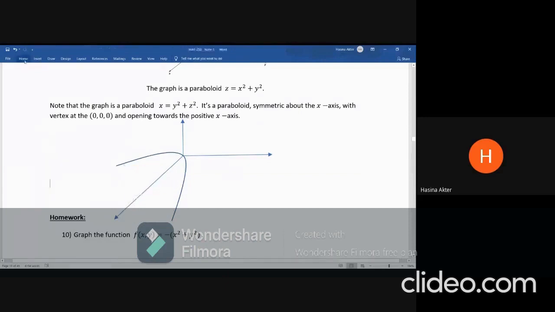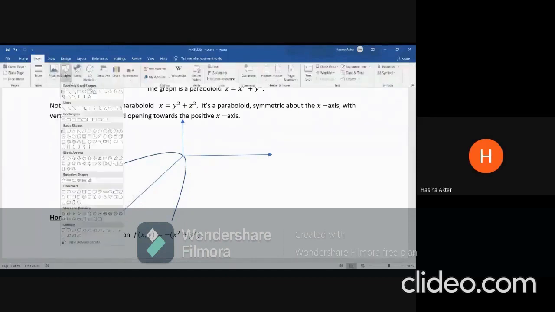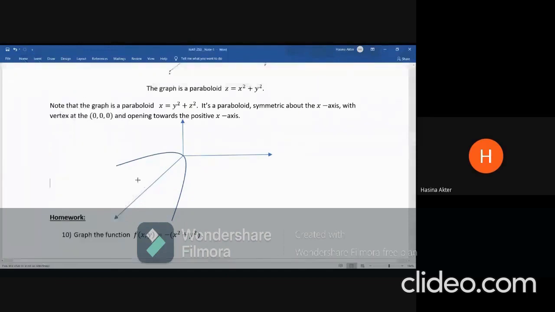I think I made the mistake. I know what I did. This portion is definitely not difficult. So actually it should be in that way. Okay.